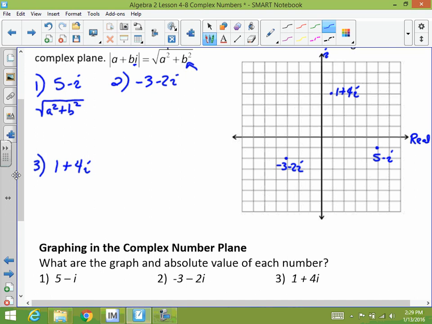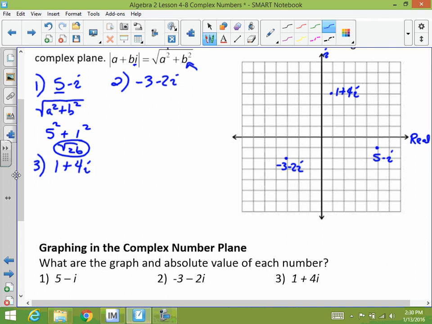So this is going to be 5 squared plus 1 squared, because the number in front for a is 5, the number in front of the i is 1. So 5 squared plus 1 squared, 25 plus 1 is 26, so this is the square root of 26. That's the absolute value of that number.